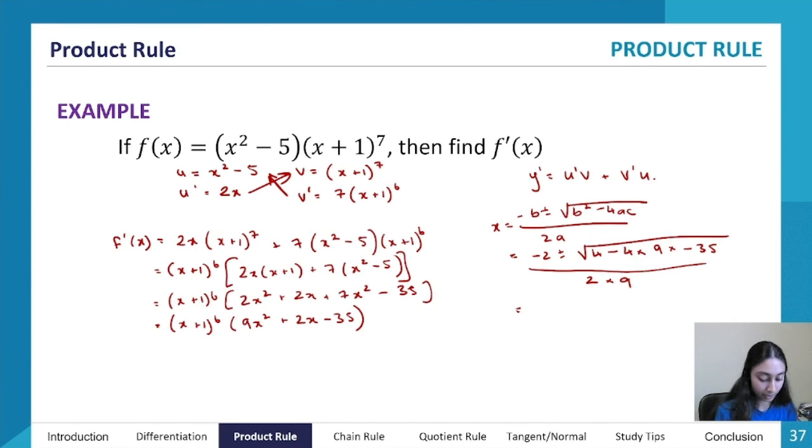Let's take a look at what the discriminant is. It's not going to be a nice number, because my discriminant gives minus 2 plus or minus the root of 1264 on 18. So I'm actually just going to leave it like this, because this is the simplest form that I can get it to.